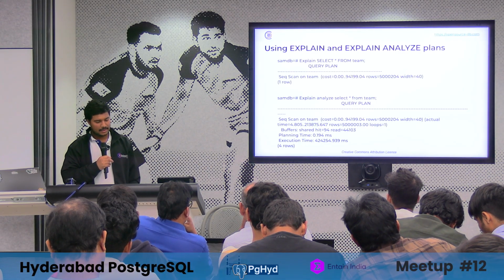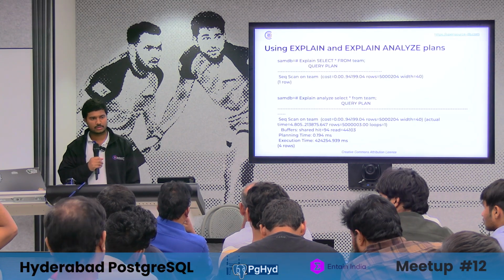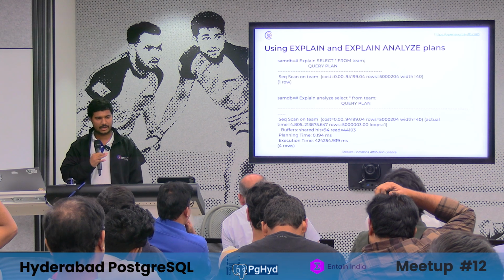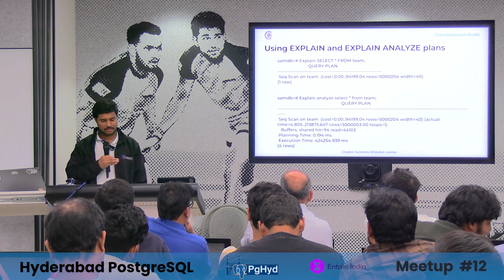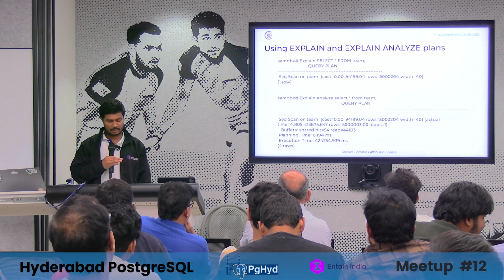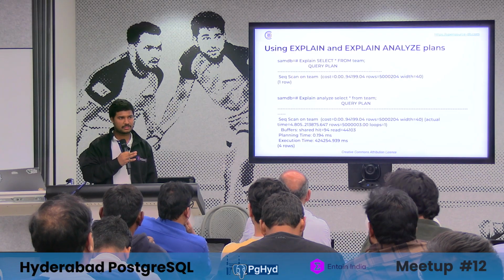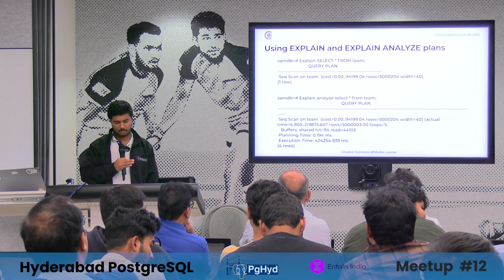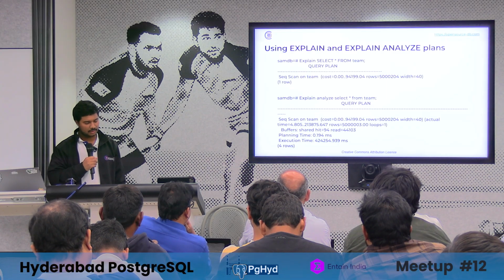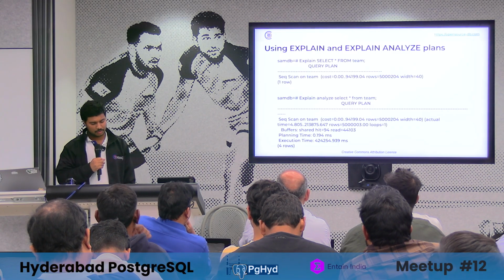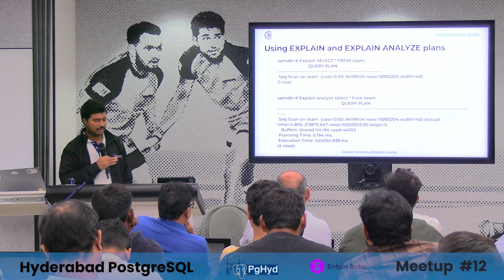Coming to explain analyze, here we can see the same cost, the estimated cost, and the actual time when the query was executed in real time on the server. For the first row, the actual time started at almost 4.8 milliseconds, and it completed at almost 21,38,000.